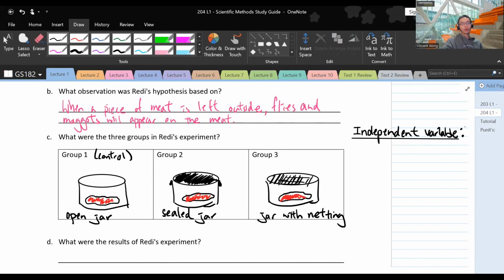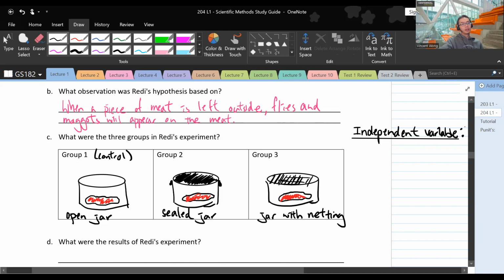What are we in control of in this case? What is the one thing that we decide should be different? The fact that one is open, sealed, and the other one is netted. Yeah, so we could say the type of cover used on the jar. Is it no cover? Is it a sealed cover? Is it netting?